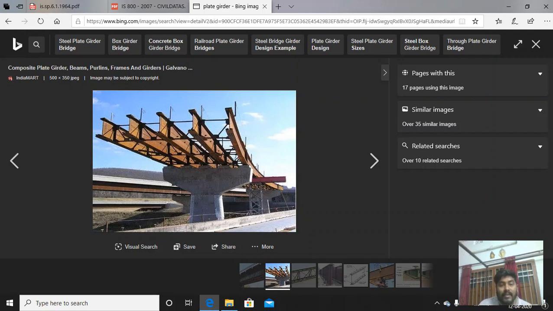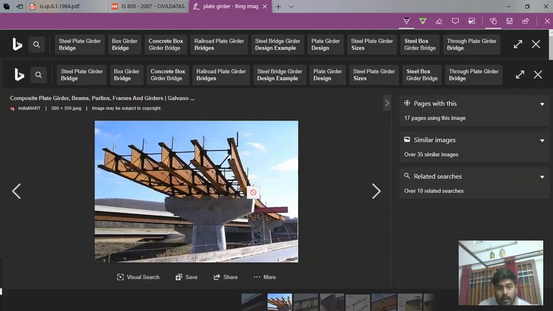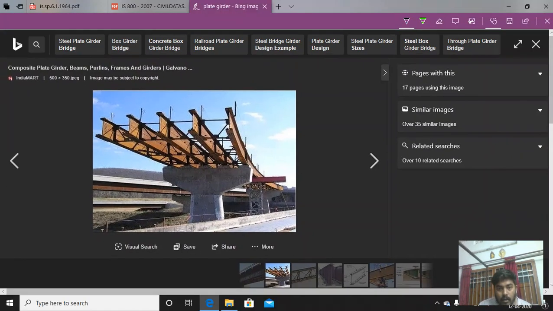From here to here, this length is called the bridge deck. The distance between two piers in a bridge is called a bridge deck.